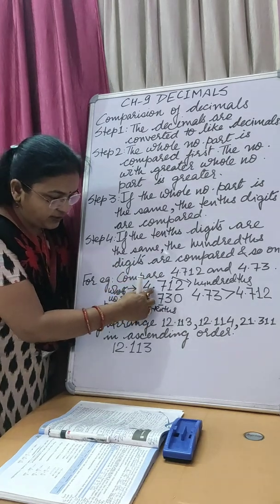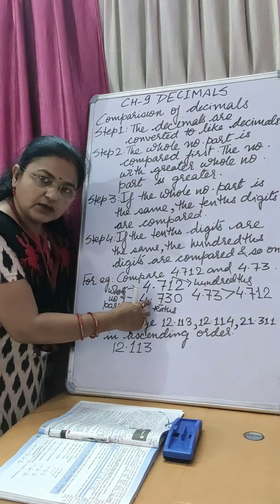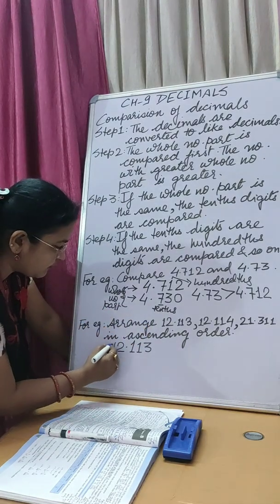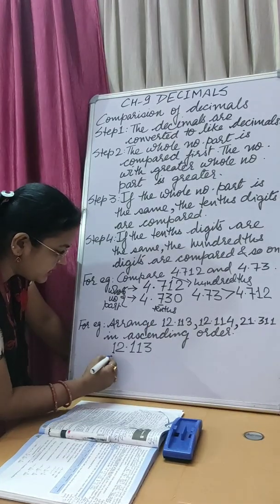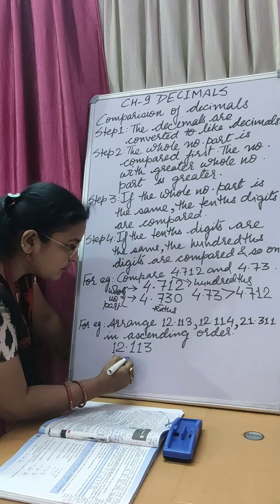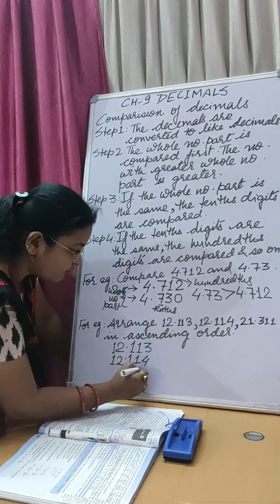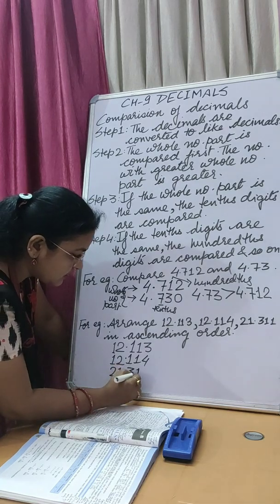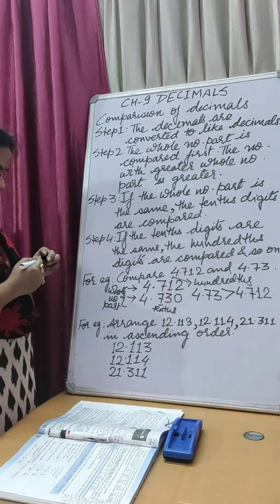The decimal point of one number falls below the decimal point of the next number, like this. 12.113, 12.114, 21.311. These are the three numbers.